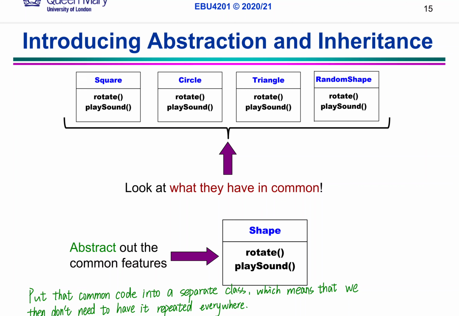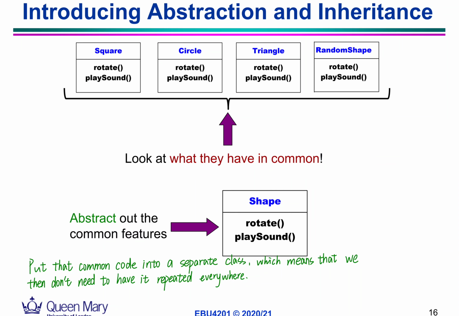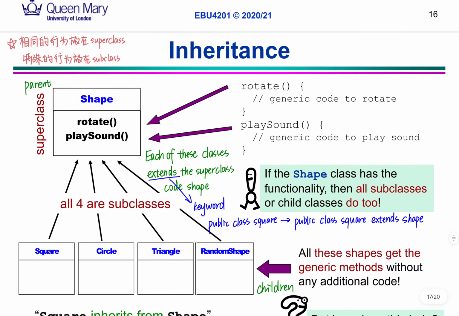Introducing abstraction and inheritance. I think abstraction and inheritance we will learn in a later class. They mean we abstract out the common code and put the common code in the superclass, which means we don't need to repeat.